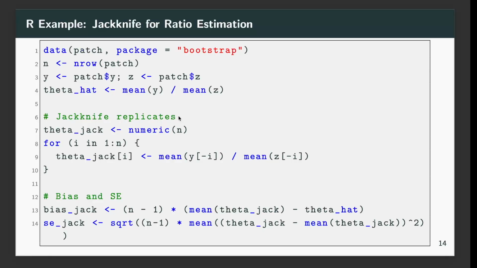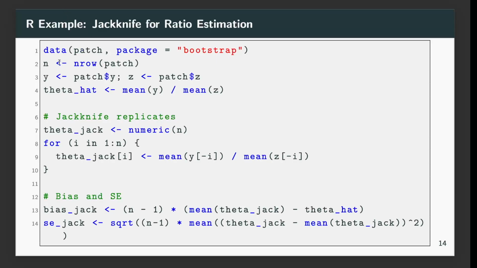The patch dataset contains the measurements y and z for n subjects, and we want to estimate the ratio theta hat equals the mean of y divided by the mean of z. The ratio statistic here is the mean of y divided by the mean of z, and this is considered a smooth statistic, so it is appropriate to use the Jackknife.